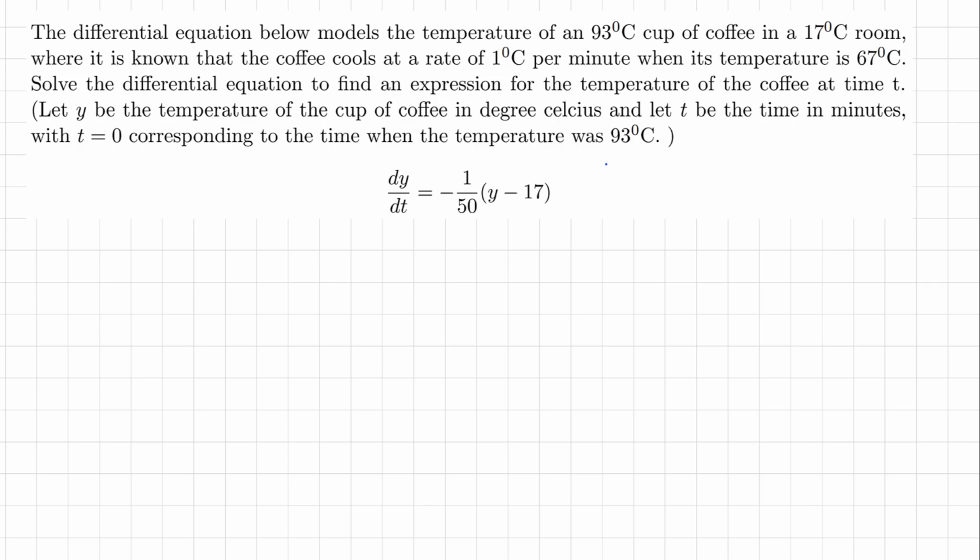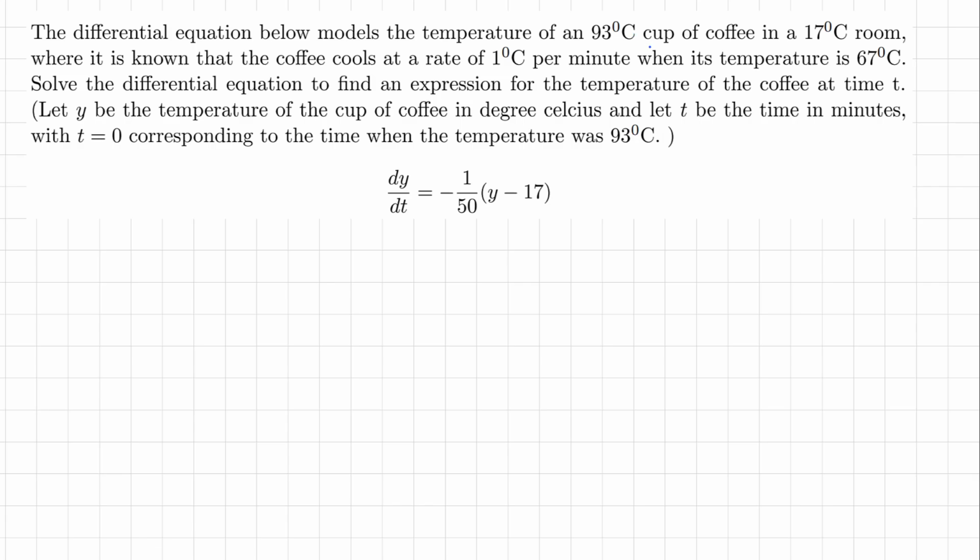Read the question carefully, but this is just to set up this differential equation, and it says solve the differential equation. Let y be the temperature of the cup of coffee in degrees Celsius and t be the time in minutes, with t equals 0 corresponding to the time when the temperature was 93.